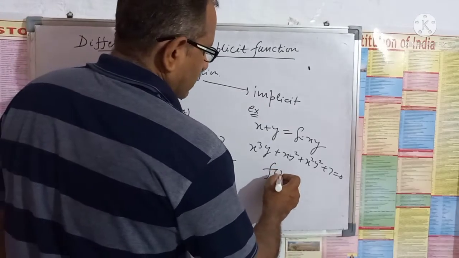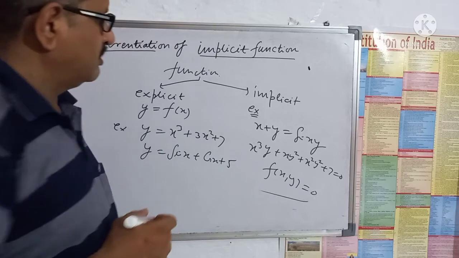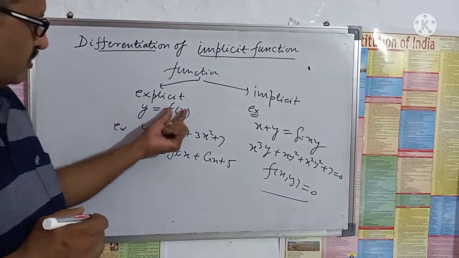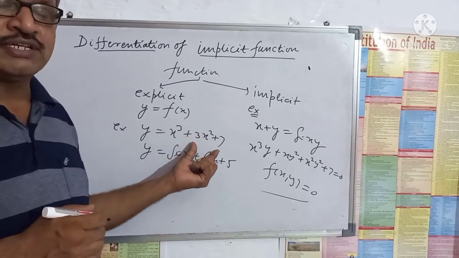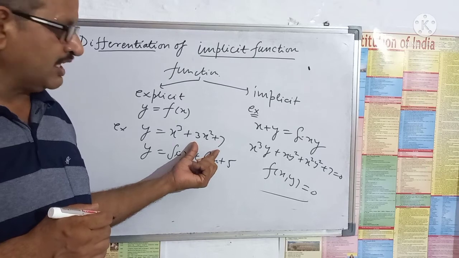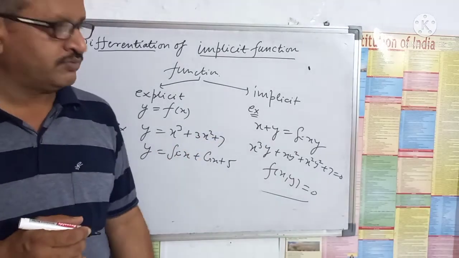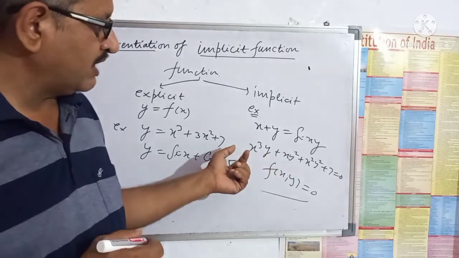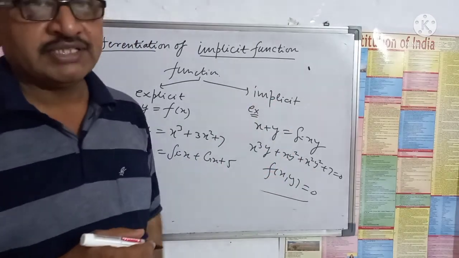We can also represent it as f(x, y) is equal to 0, function of x and y is equal to 0. So y is equal to f(x) is explicit function, when one variable y is purely expressed in terms of x. If you are not able to express, or it is very difficult to express the variable y in terms of x or x in terms of y, then it is called implicit function.